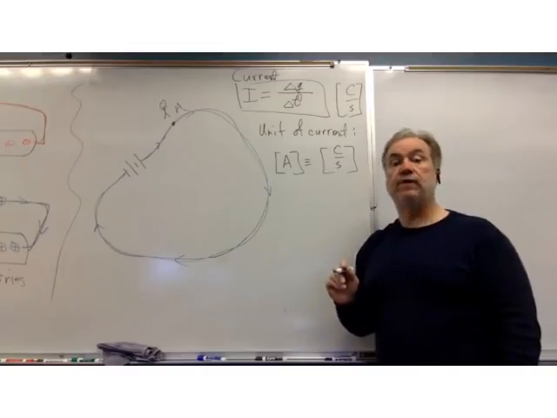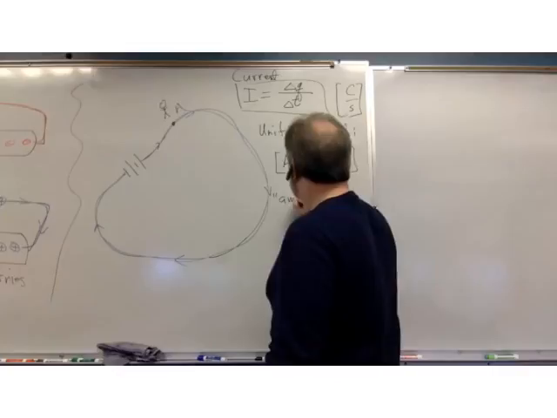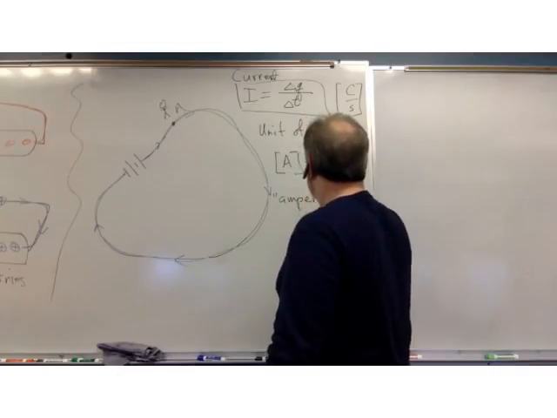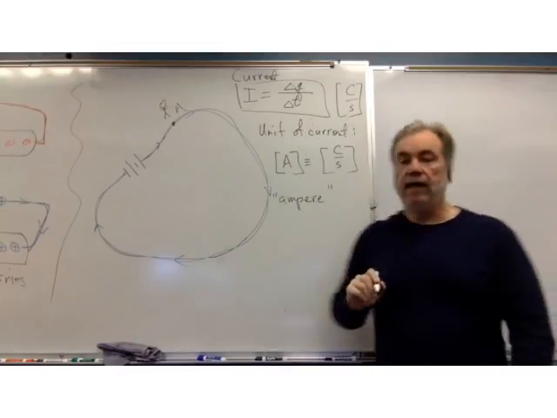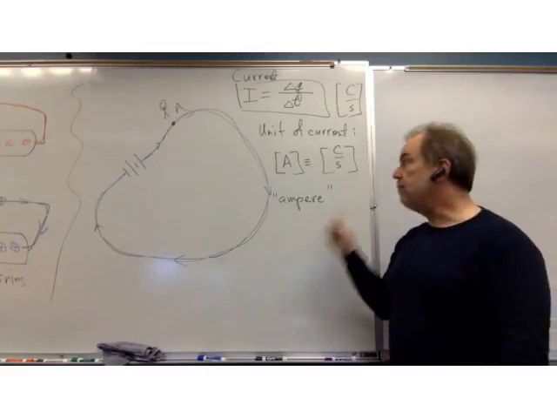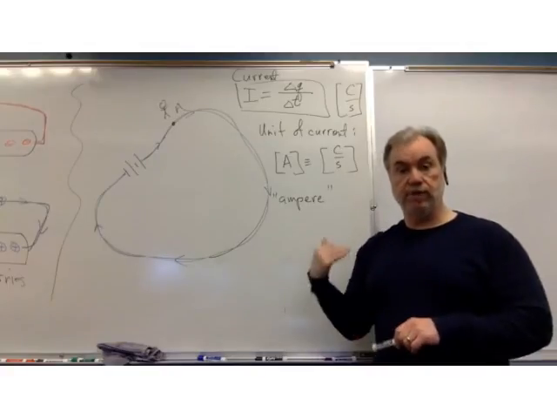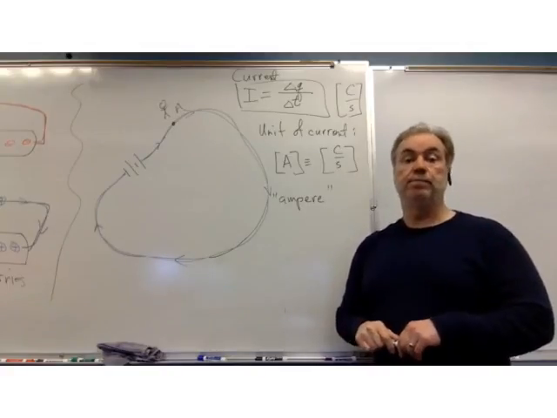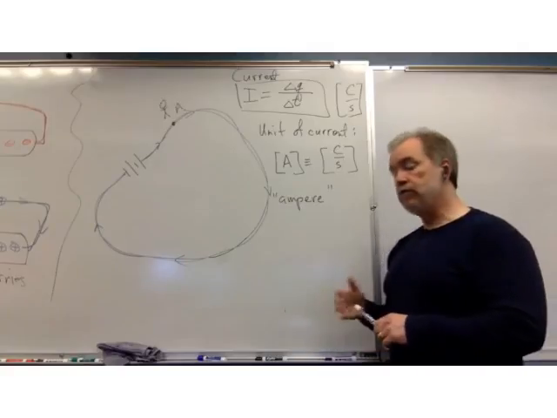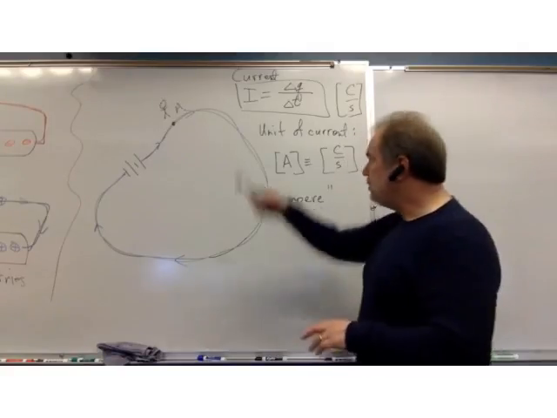It is the SI unit of electric current, spelled like that, and very frequently shortened to just amps. So we talk about a 5-amp circuit, which would be 5 coulombs of charge flowing past me per second. So 5 coulombs per second would be 5 amps or 5 amperes. Okay, so that's some definitions.